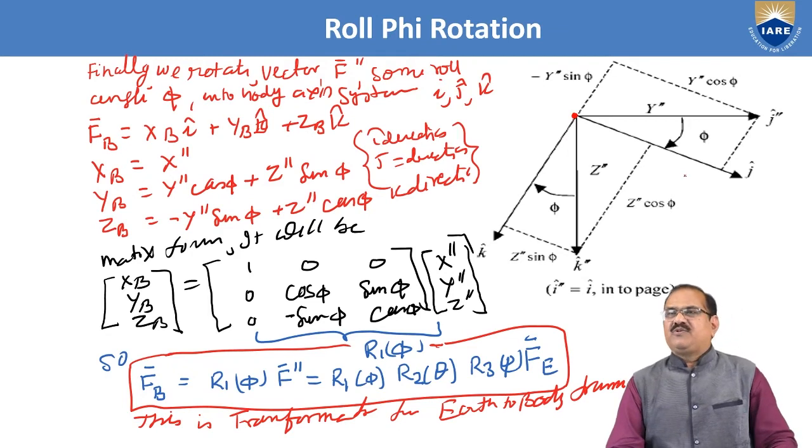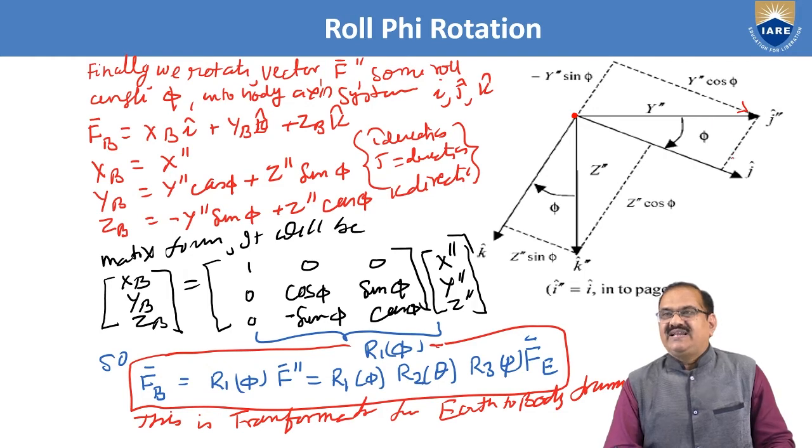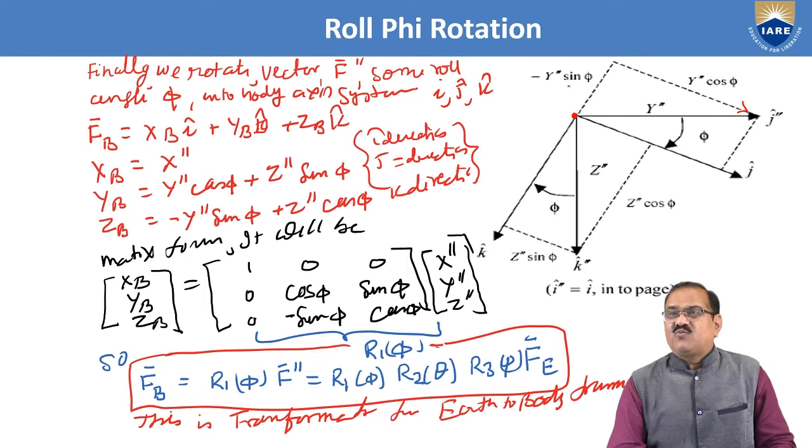Okay, so now if you see, the component of y double prime will be here. Y double prime, this is cos theta in this direction, and this is what? It is a minus y double prime sine theta. Okay, so this you got here.